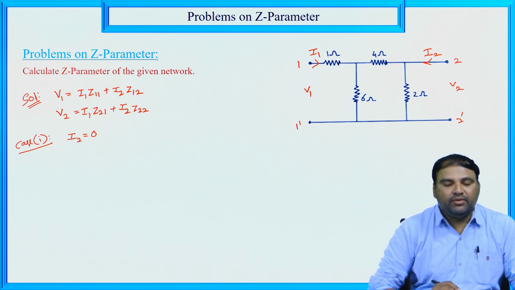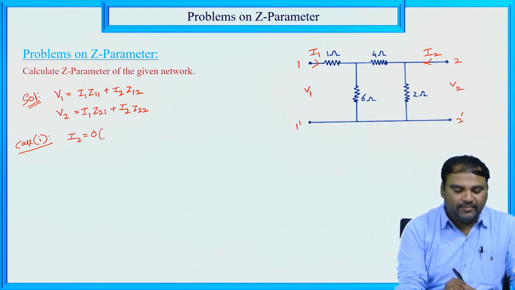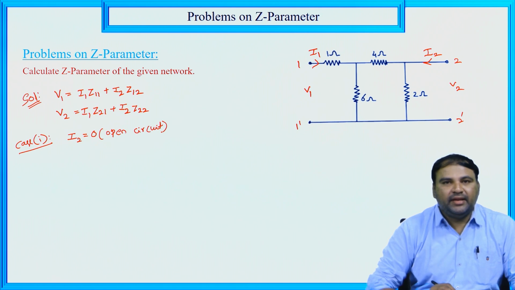I2 equal to 0 means we have to open circuit the given element. If current equals 0, we open circuit the element.